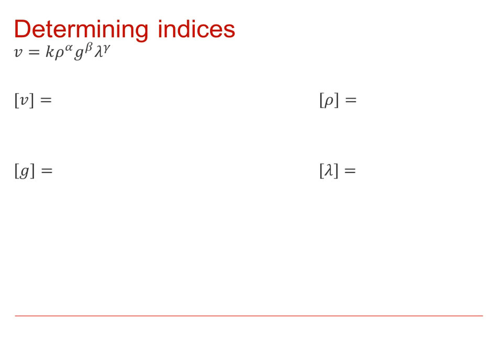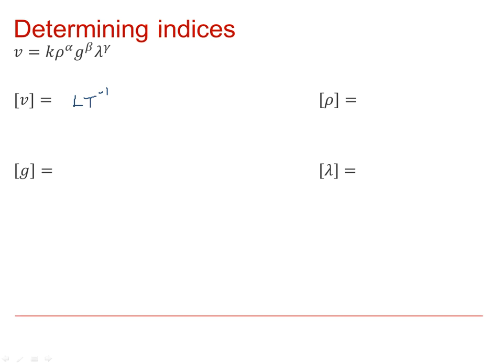Let's consider it a little bit more closely then. Well, we can determine quite easily the dimensions of each part of this equation. So the dimensions of velocity: velocity is a length divided by time, so LT to the minus 1.